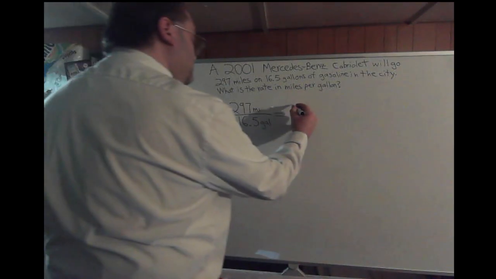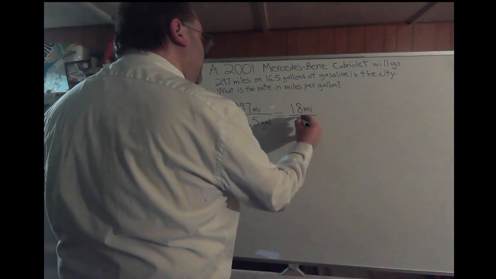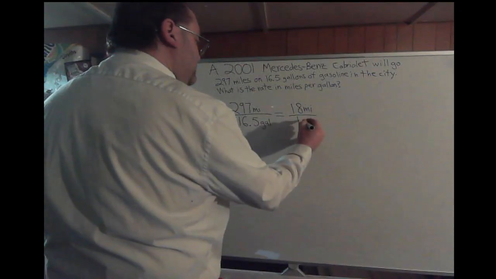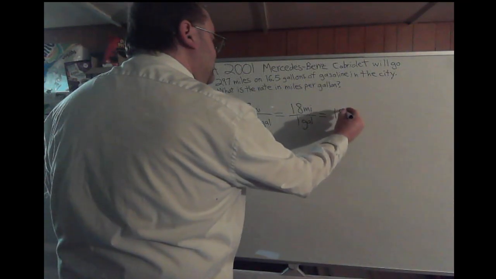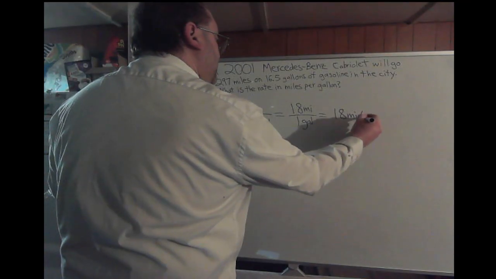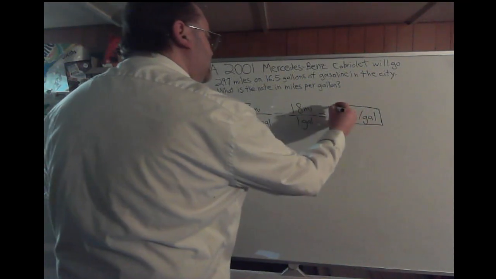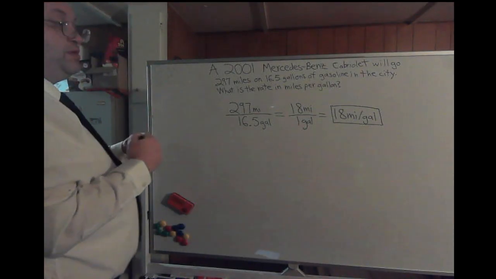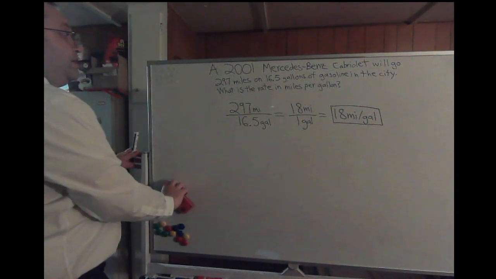So you'll get 18 miles for 1 gallon because you divide the denominator by 16.5. So your answer is 18 miles per gallon. That's not bad gas mileage. 18 miles per gallon city. That's really not bad.